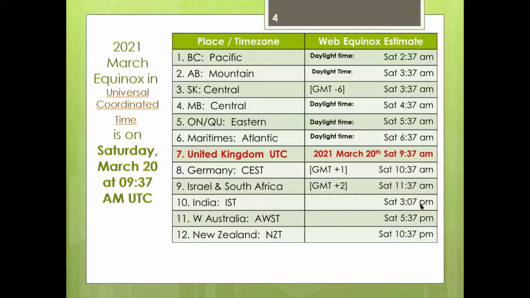Did I say mornings over here? I think we've got this wrong. No. Israel and South Africa are in the morning, and then by the time you get to India, it's 3 o'clock in the afternoon. West Australia is 5:37 in the afternoon, and New Zealand is already 10:37 at night, at 10:37 p.m.